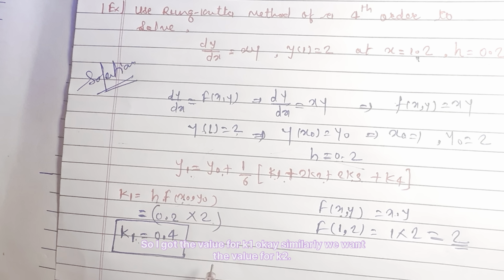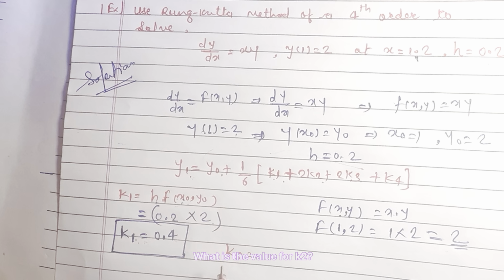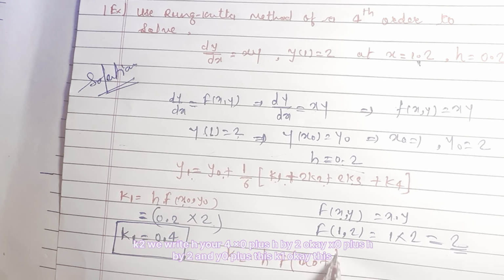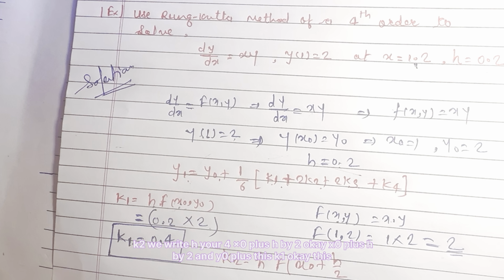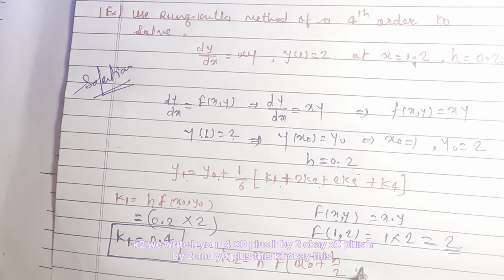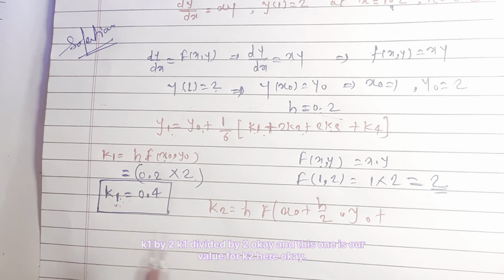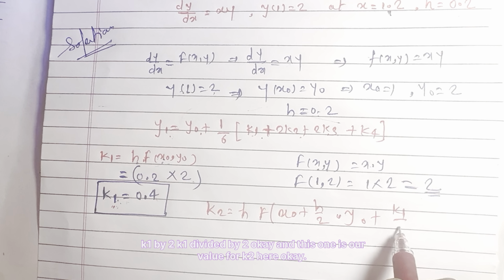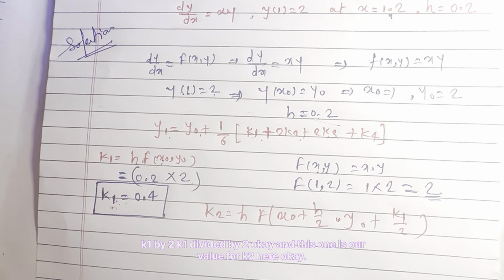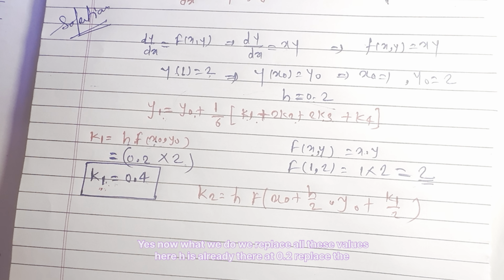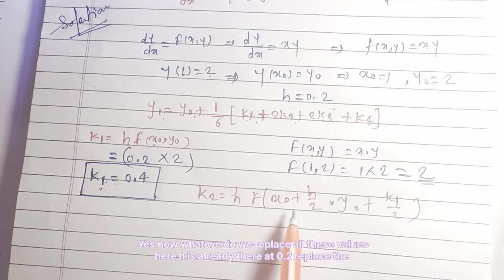Similarly we want the value for k2. K2 is h times f of x naught plus h by 2 comma y naught plus k1 by 2. Now we replace all these values here.